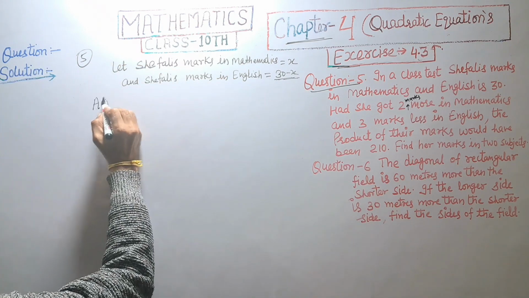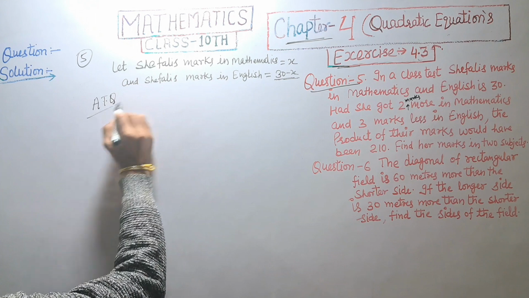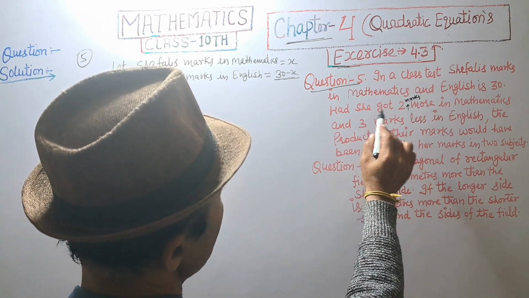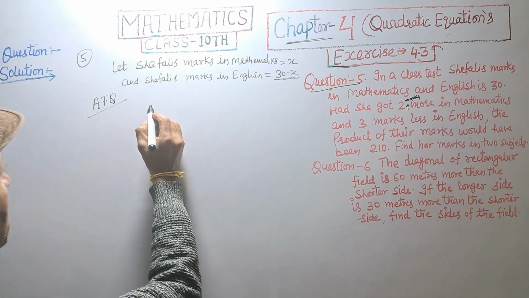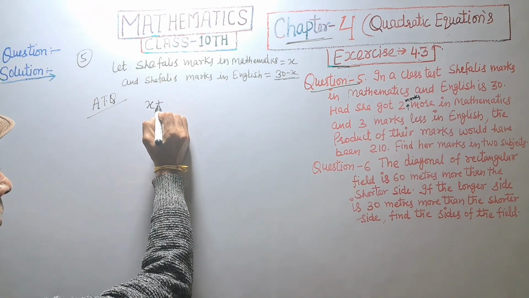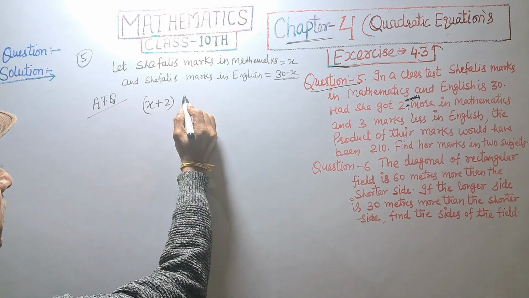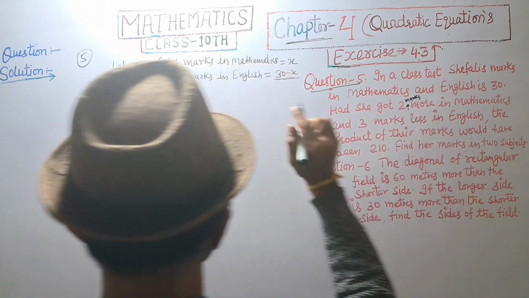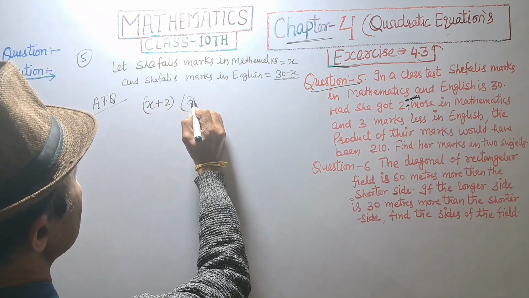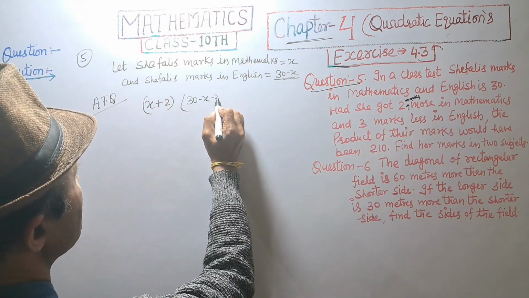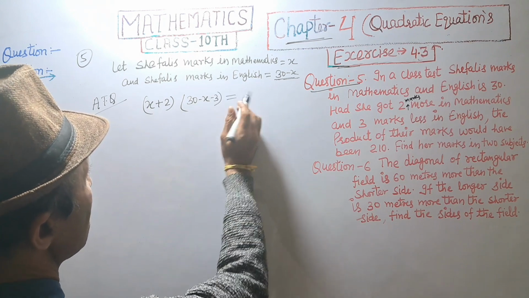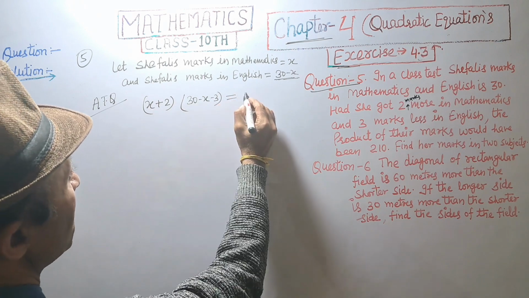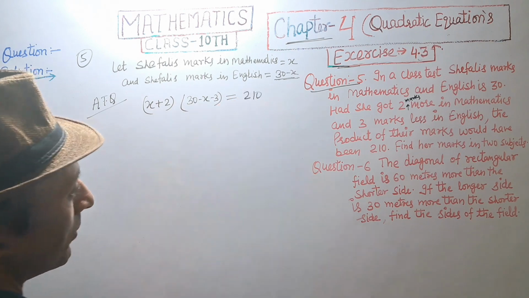According to the question, had she got 2 marks more in mathematics, x plus 2, and 3 marks less in English, 30 minus x minus 3, then their product would have been 210.